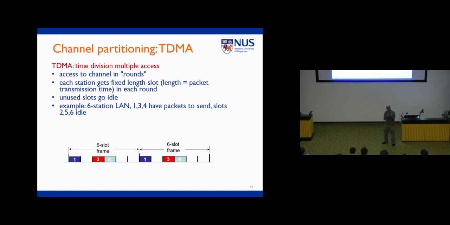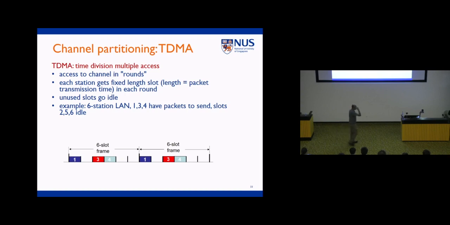Every user needs to know when a slot exactly begins and when it ends. If clocks are not synchronized, we're going to have a little bit of problem. But anyway, let's say all those things are done. So I divide my time into slots, and in this case, I've divided my time into 6 slots. And I have 6 users. So I say user 1, you get the first slot, user 2, you get the second, third, fourth, fifth, sixth, and so on. And then this pattern will repeat in every frame.